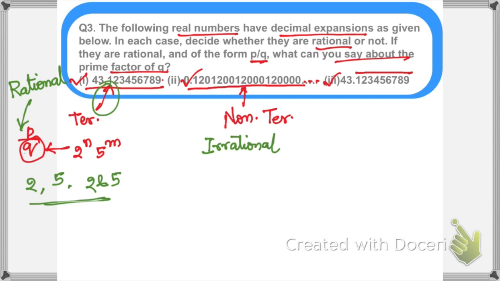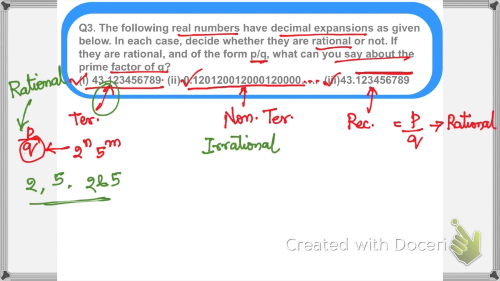See, since this is a repeating decimal expansion, a recurring decimal expansion, in case of recurring decimal expansion, it can be represented in the form of p by q. Every recurring decimal expansion can be represented in the form of p by q. So, since it can be represented in the form of p by q, this is a rational number.